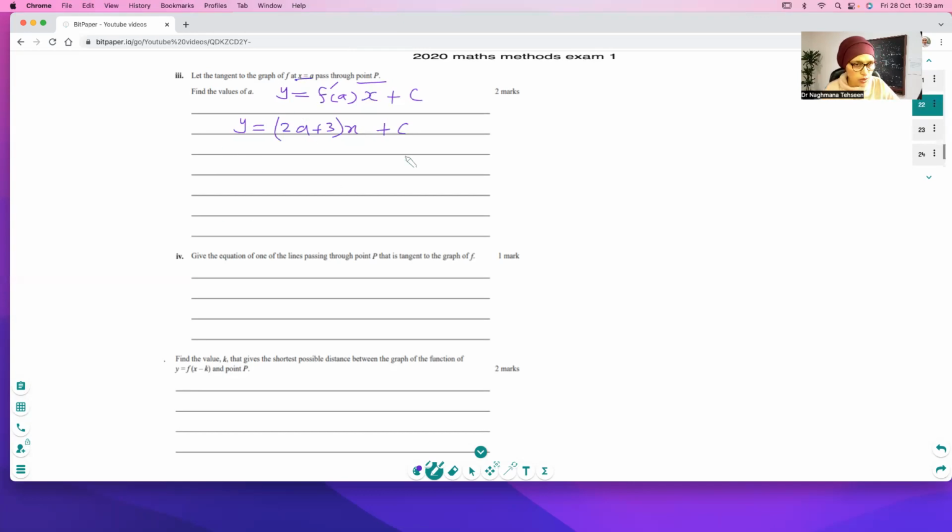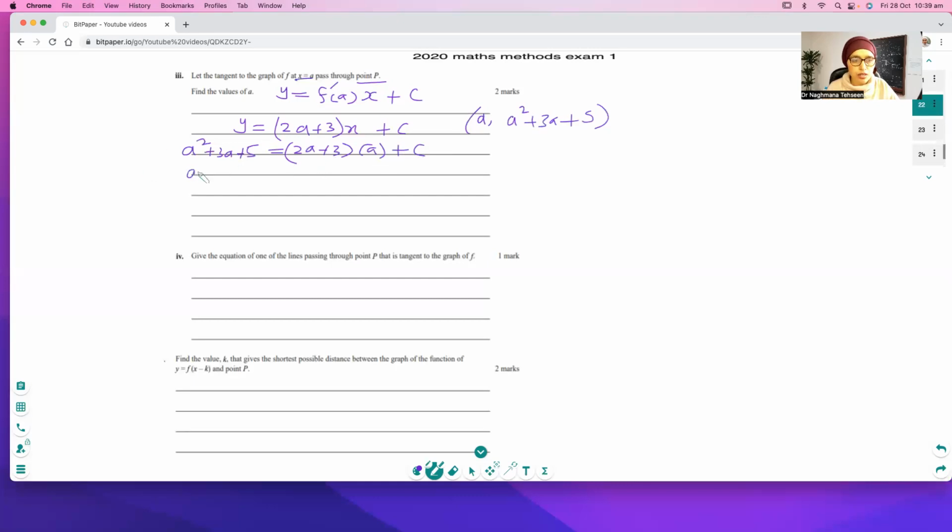So then we can go and say, okay, we need to use this point, a and f of a, which is a squared plus 3a plus 5, that it passes through. So that means we can say a squared plus 3a plus 5 is equal to (2a plus 3) times a plus c. So we want to find the y-intercept.